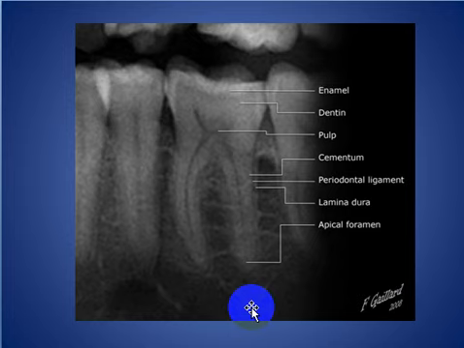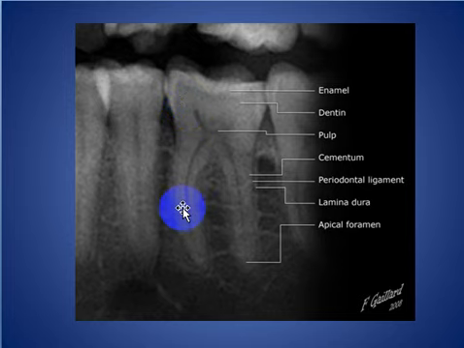In summary, we have the enamel, and it is radiopaque, and beneath the enamel is the dentine, which is less radiopaque, and we have the radiolucent pulp. The pulp has the root canal, and the root canal is surrounded by cementum, and the cementum is covering the dentine and extends to the enamel.